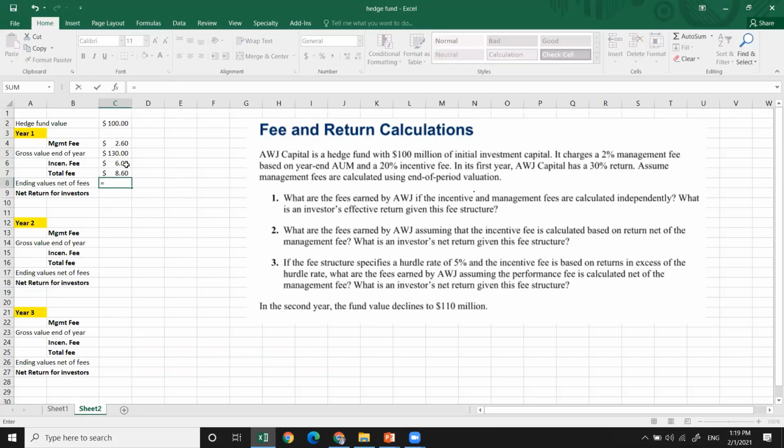Tell me by formula. 130 minus 8.6. Okay. And what is the return to the investors? 21.4%. Minus 100, and divided by 100. And it's in percentages.